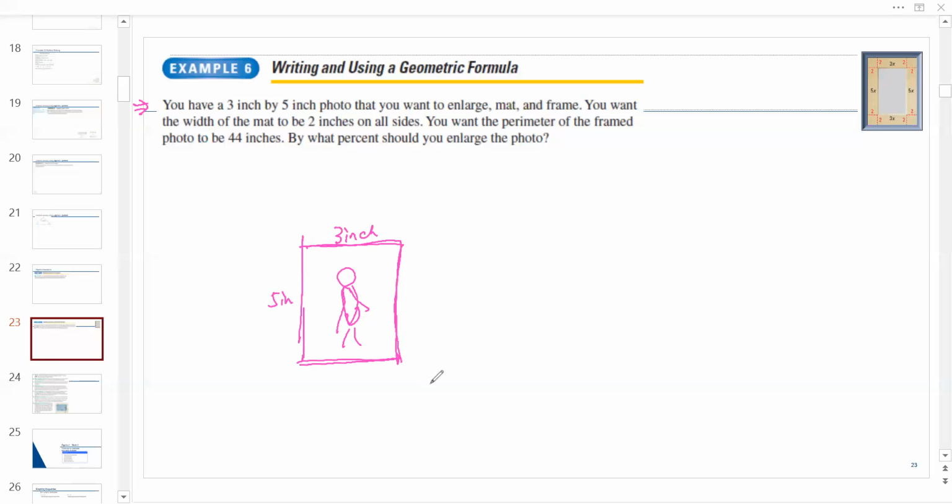Matte and frame. The matte is this part, and you put an additional frame here.